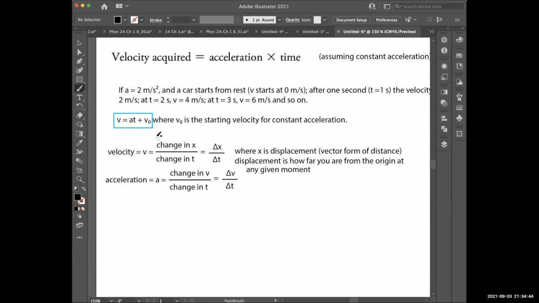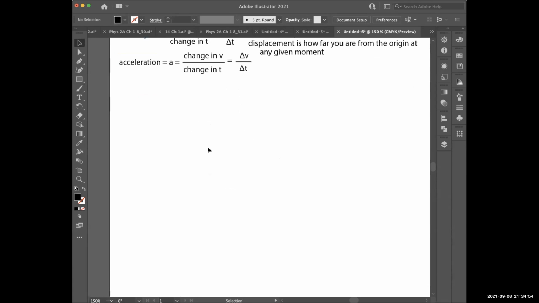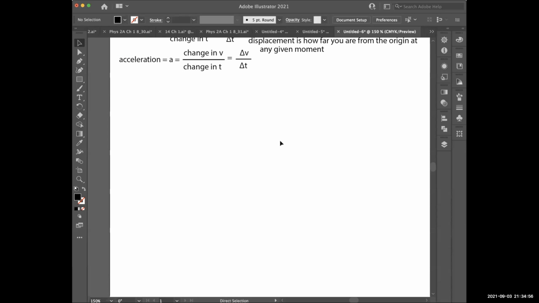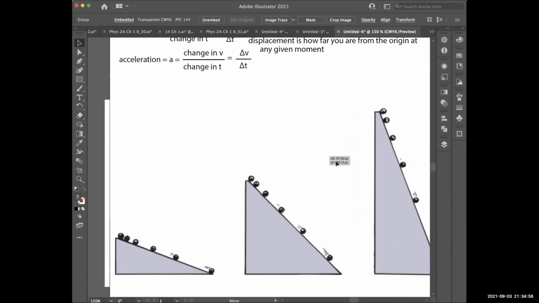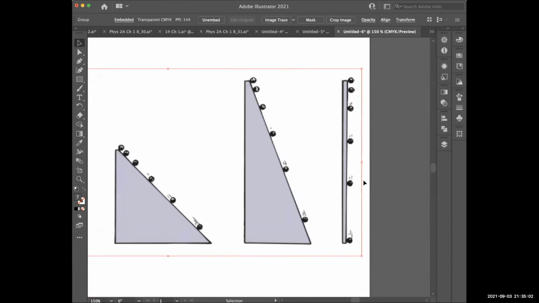So, let's talk about Galileo and his slopes again. The reason he used inclined planes is that it allows him to basically dilute gravity and measure the acceleration on a small slope, and then extrapolate over to when it's just falling straight down.